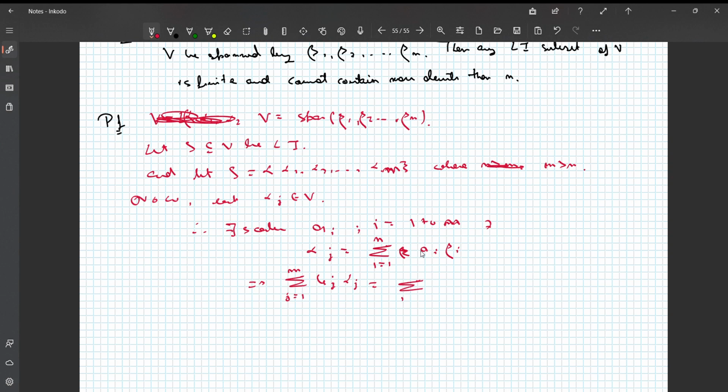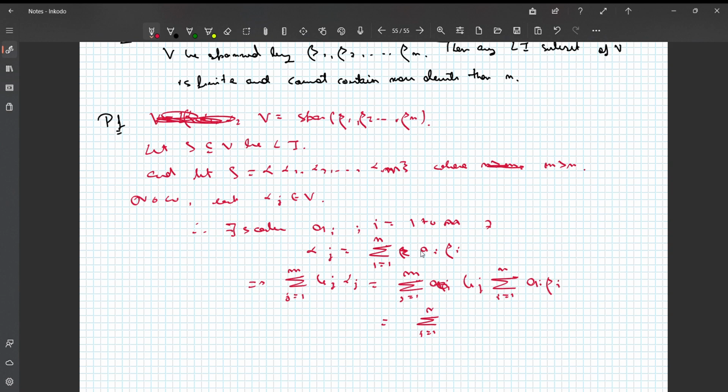So this is equal to the summation j equals 1 to n of b_j times the summation i equals 1 to m of a_ij beta i. These are finite sums, so they can be interchanged, right?